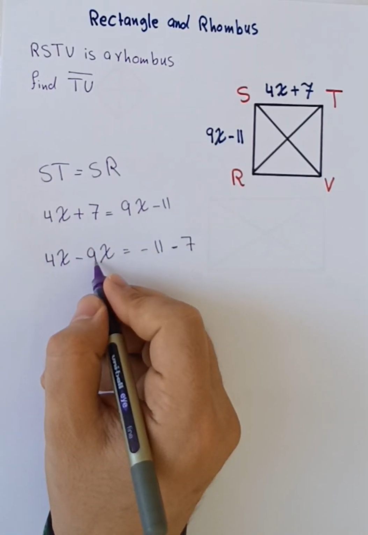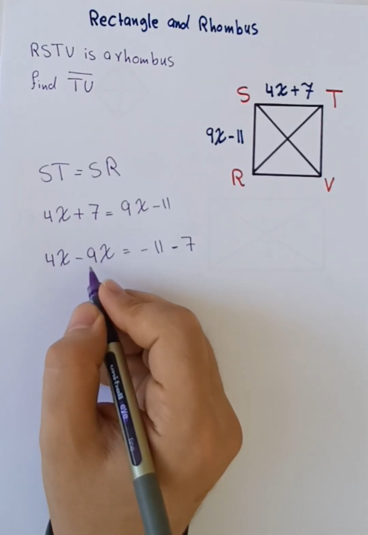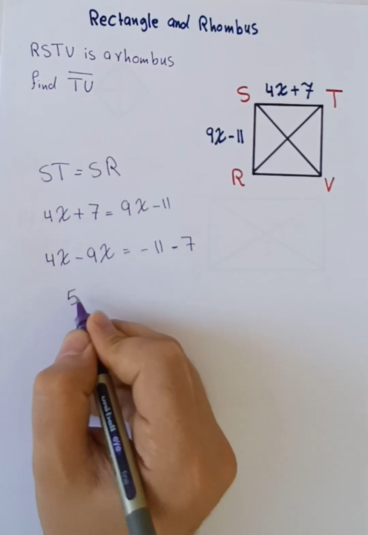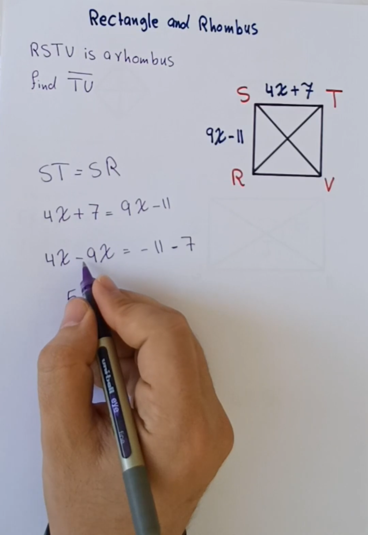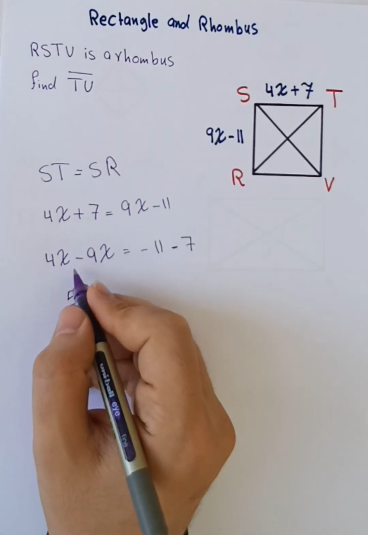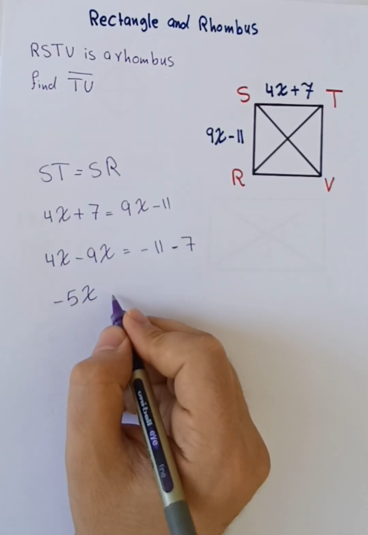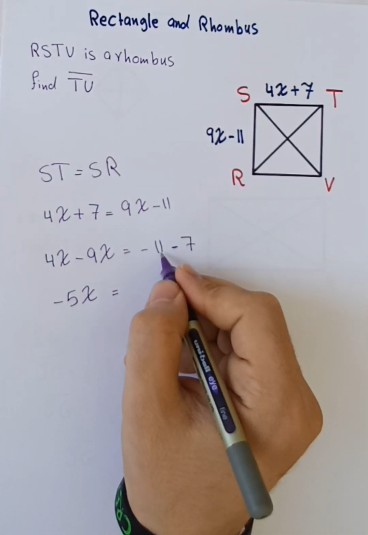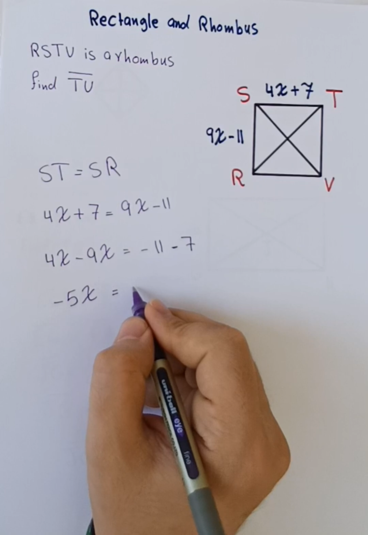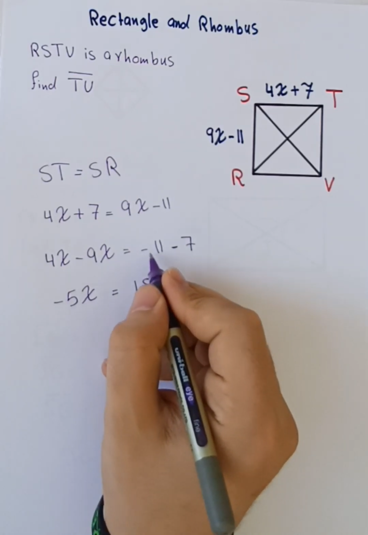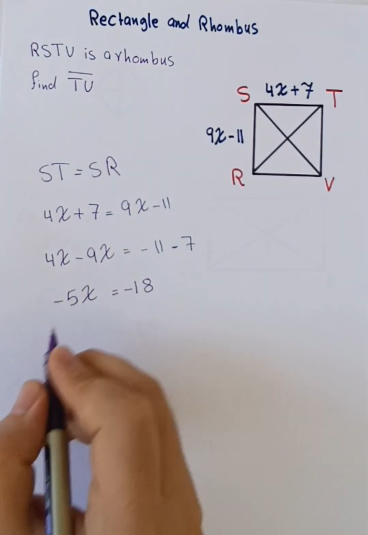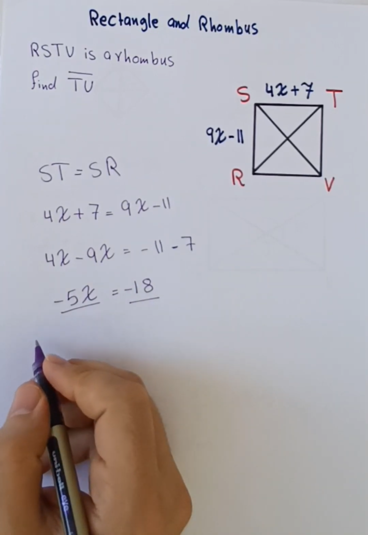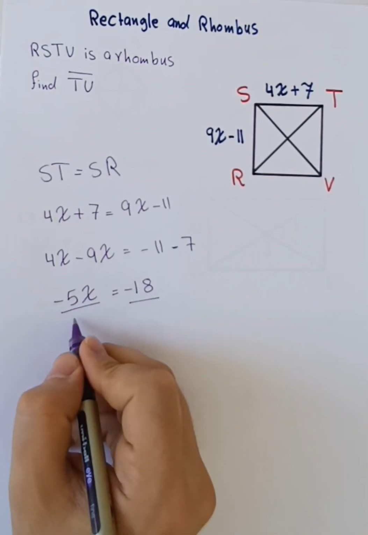4x minus 9x, plus times minus is minus. You have to subtract, 9 minus 4 is 5x, and then you have to write the sign of the larger number, which is negative. 5x is equal to, negative times negative is positive. You have to add 11 plus 7 equal to 18 with the sign of the larger number, and then you have to divide both sides by negative 5.